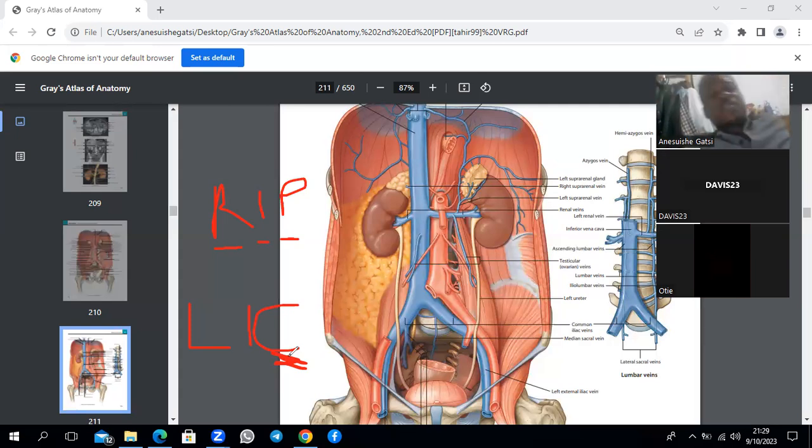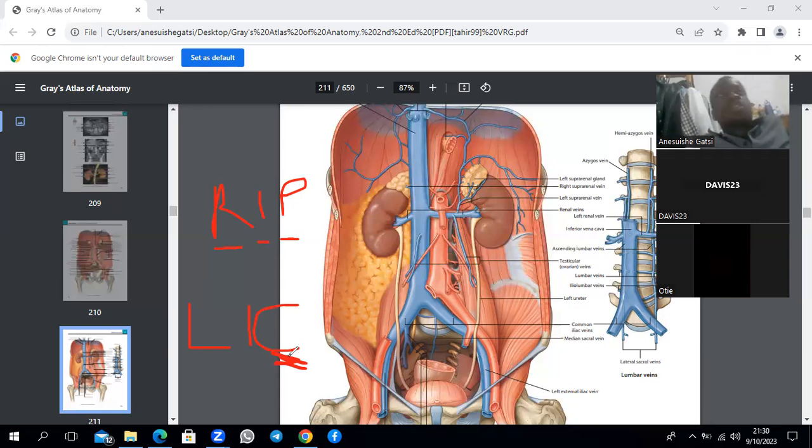What are the functions of the suprarenal glands? They help with endocrine function. They help with hormones for sexual maturation. So we divide the suprarenals into a cortex and the medulla.